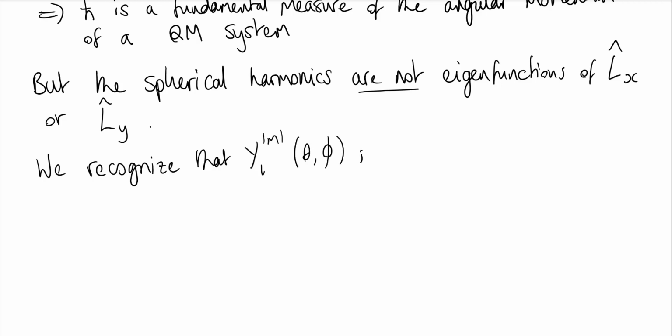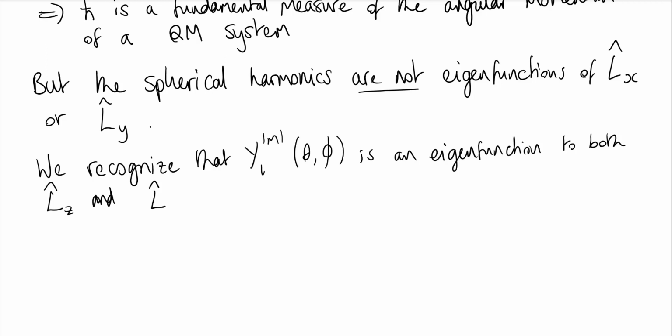So our wave function is an eigenfunction to both the operator for L sub z and the operator for angular momentum squared, and that means that we can determine precise values of L squared and angular momentum in the z direction simultaneously.